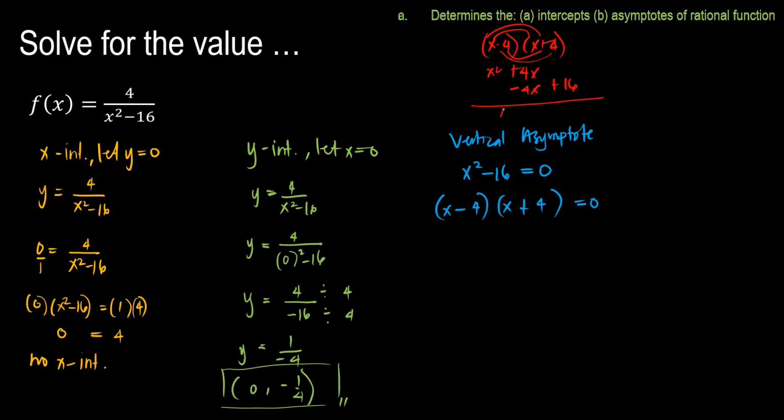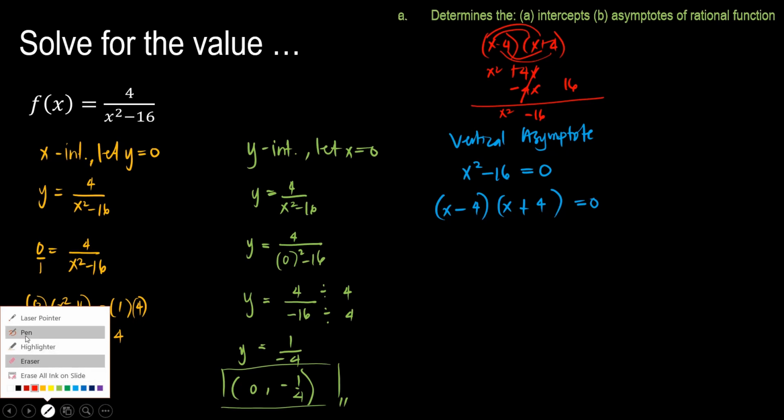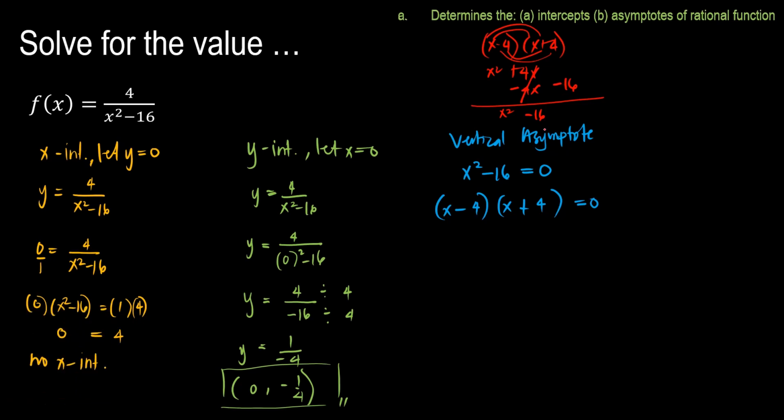Then you simplify, we have x squared. Cancel this out because it will be equal to 0. Okay, minus 16. Okay. Since negative 4 times positive 4, the product would be negative 16. Okay, so bumalik tayo dito sa original equation.